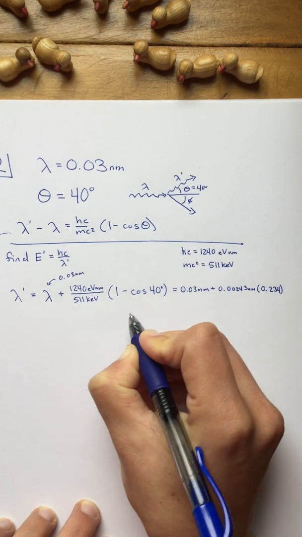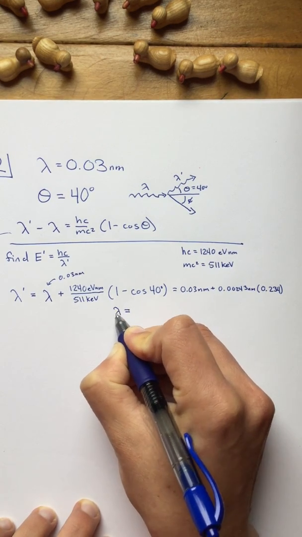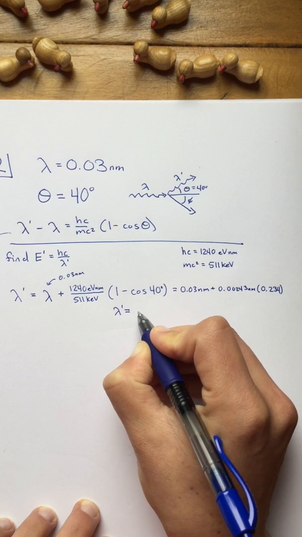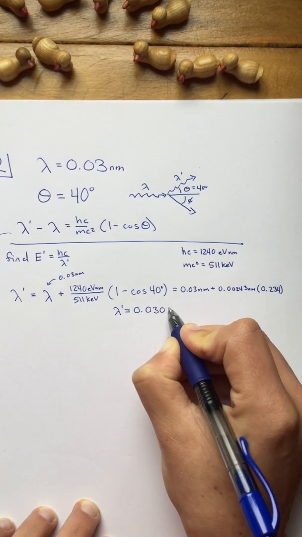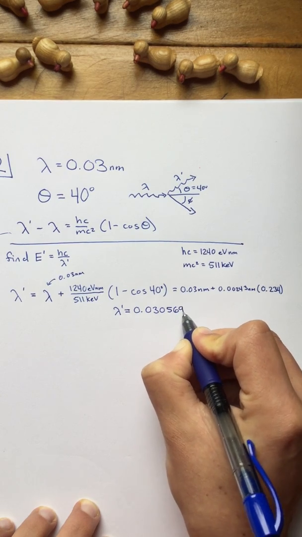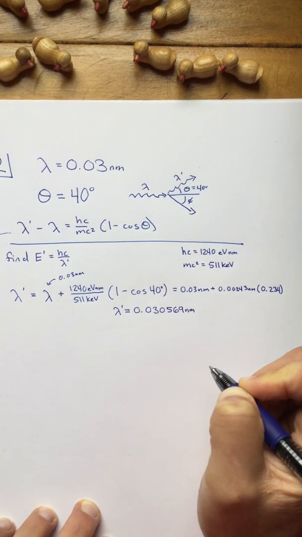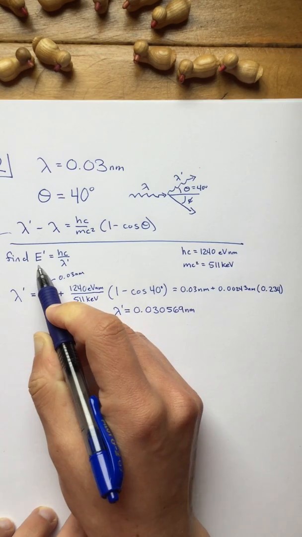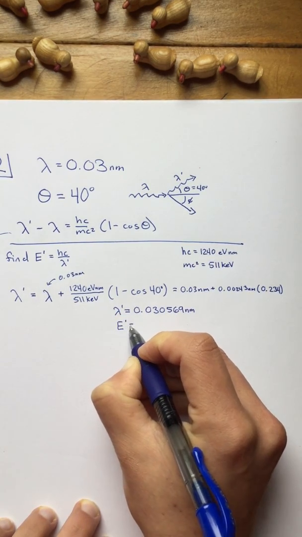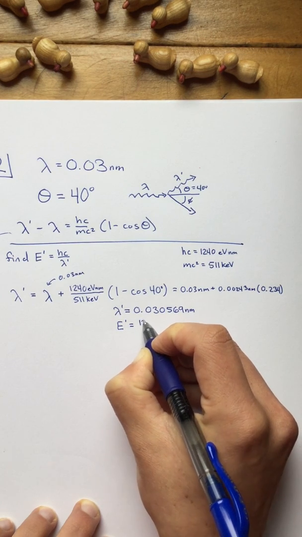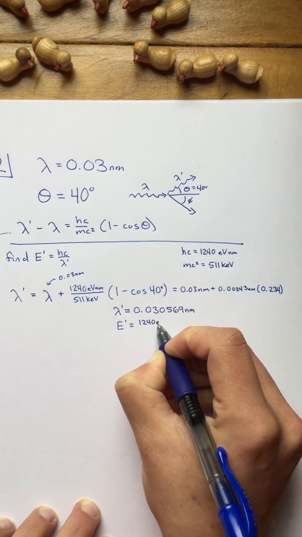And that gives us, for lambda prime, 0.030569 nanometers.